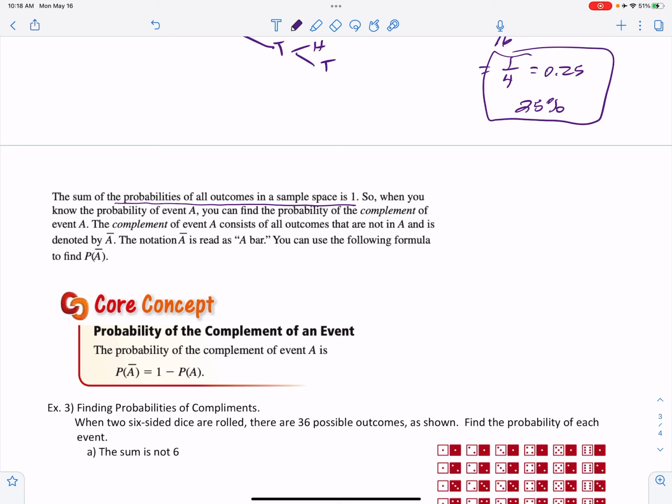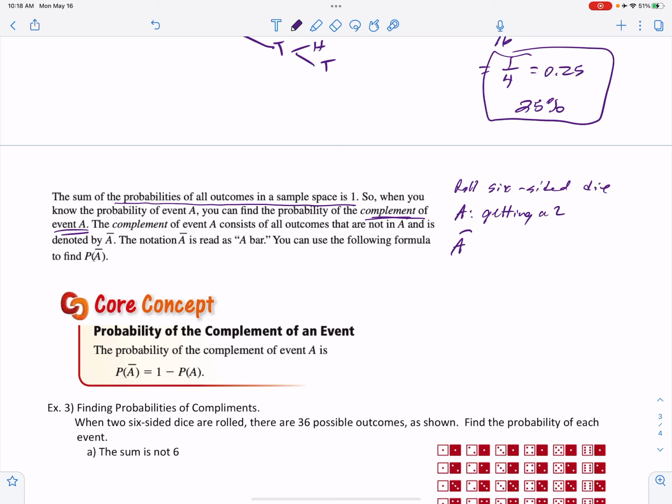So when you know the probability of an event A, you can find the probability of what we call the complement of the event. The complement of an event consists of all outcomes that are not in A. So for example, we're going to roll a 6-sided die, and I'm going to let event A be getting a 2.